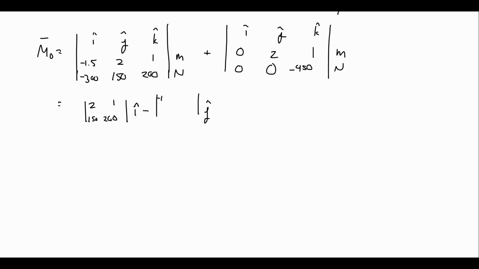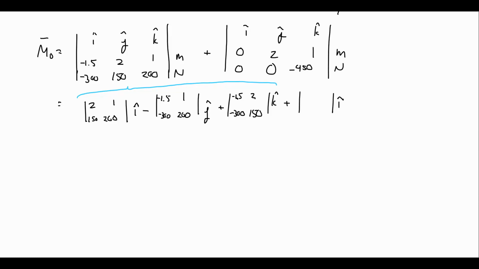So I'm left with negative 1.5 and 1, negative 300 and 200. And then the K cofactor: negative 1.5 and 2, negative 300 and 150. So all three of these were just an expansion of the first determinant. I still will have three more terms from the second determinant.